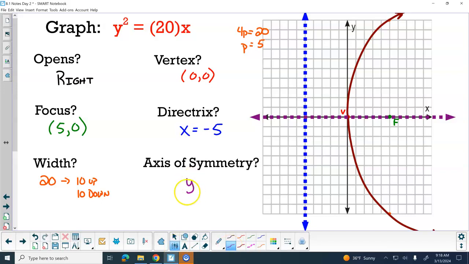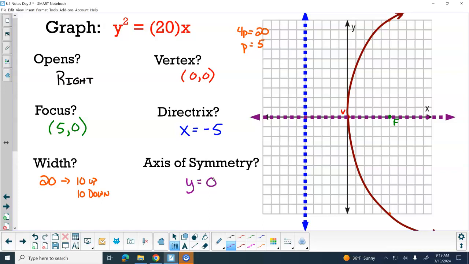Okay. If you'll notice on the homework, we ask for those specific things. If we ask for it in terms of you need to identify it, it needs to also be on your graph.